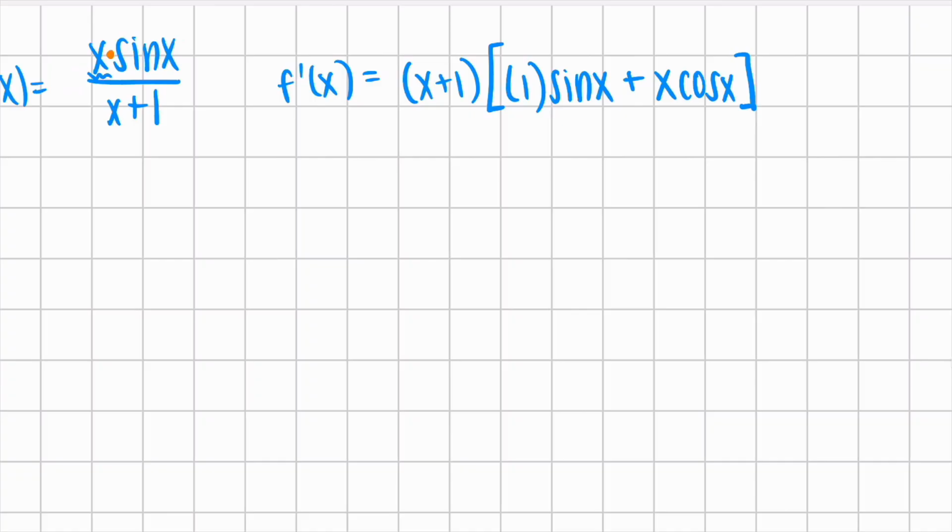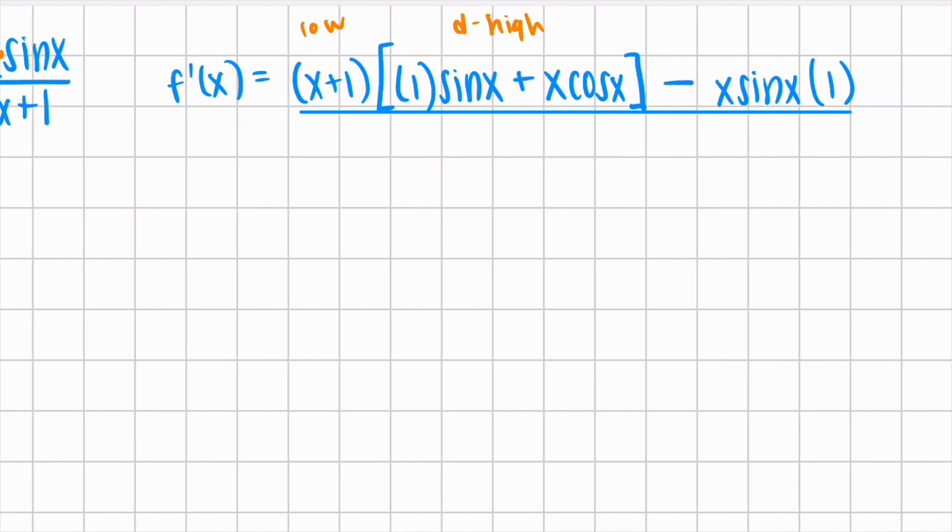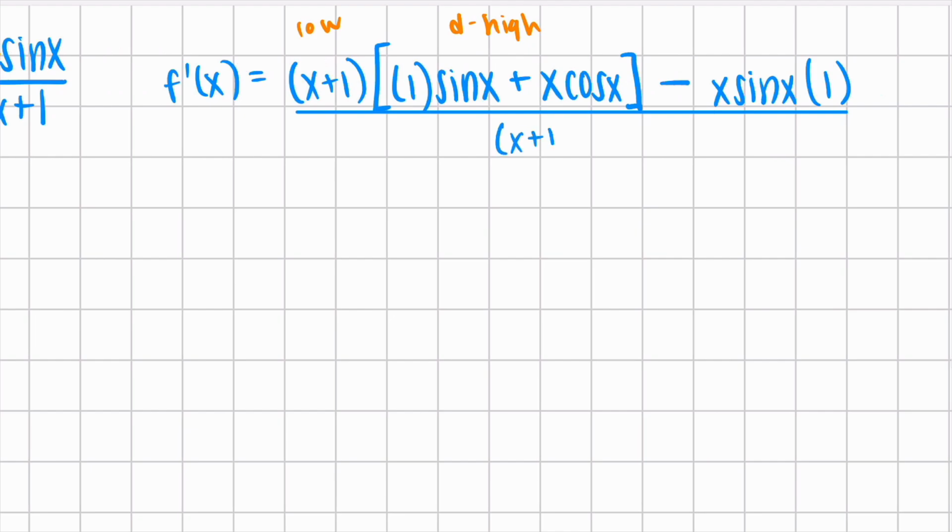So that was my product rule. Now keep in mind this was low d high, so I need to finish this, minus high d low, the derivative of x plus 1 is just 1. Square the bottom, and off we go. So a little bit more complicated there.